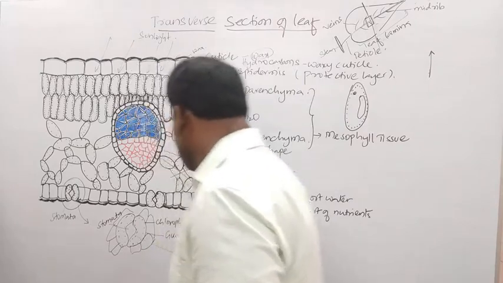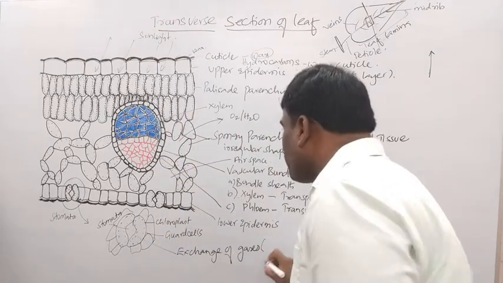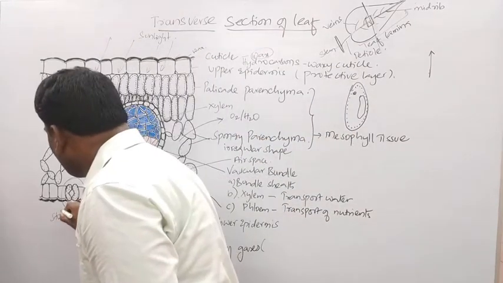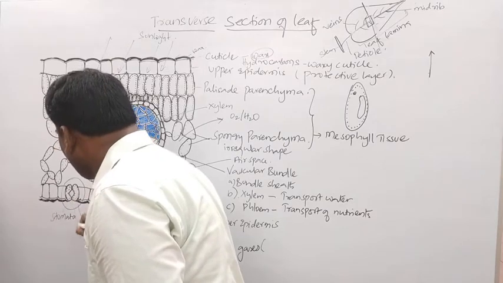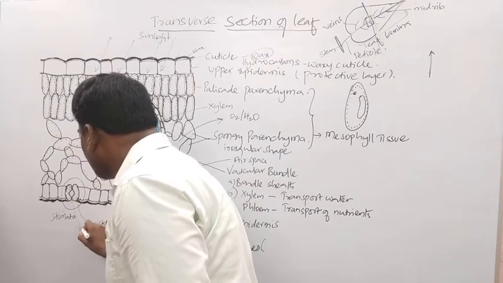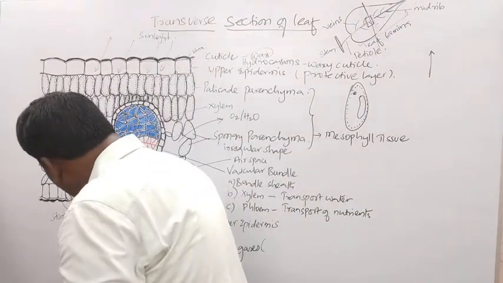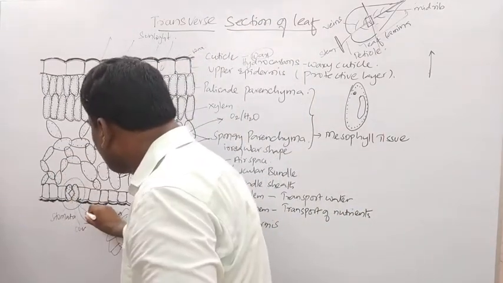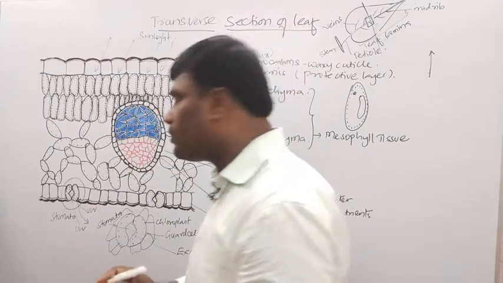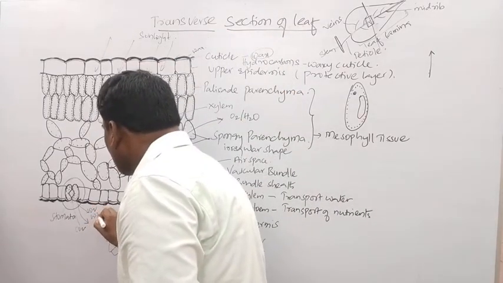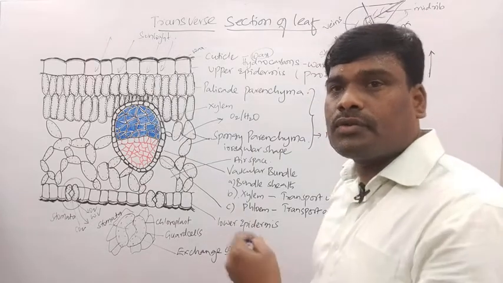We see that carbon dioxide will enter into this one. Okay, so carbon dioxide will enter inside the leaf. In the same way, oxygen comes outside, and water vapor also comes outside through this opening.